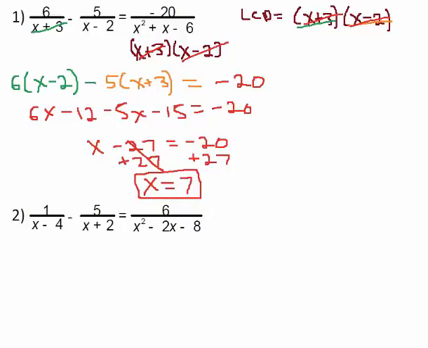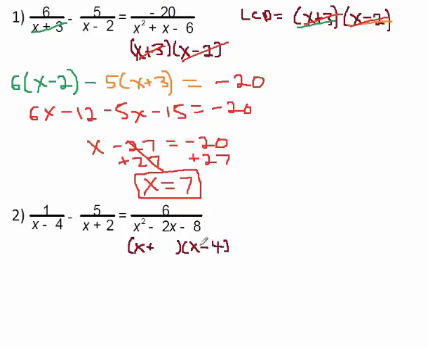Let's apply the same logic to question number 2. Okay, we've got an x and an x. Again, we're factoring. This is a negative, which means the signs are going to be positive and negative. Now we need two numbers that add up to negative 2 and multiply to negative 8. If you think about it, the only ones that make sense, once again, are 4 and 2, with the 4 being the negative.